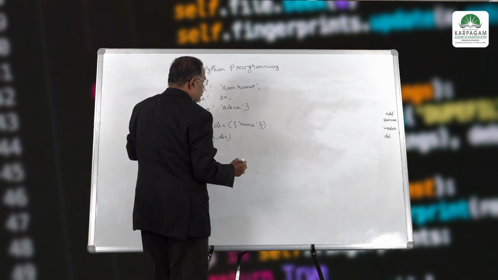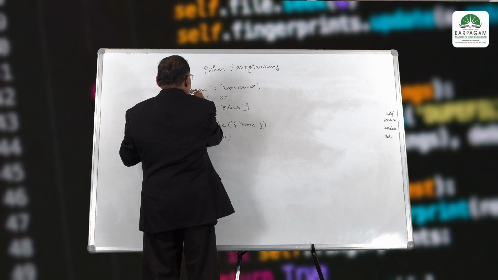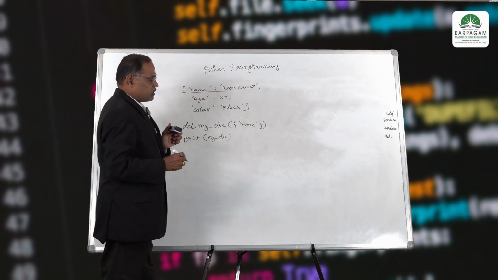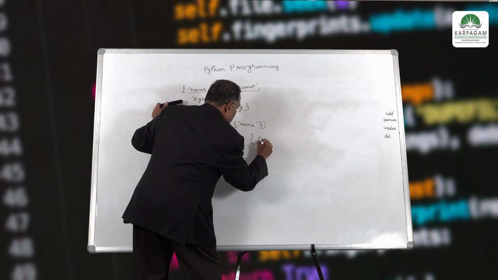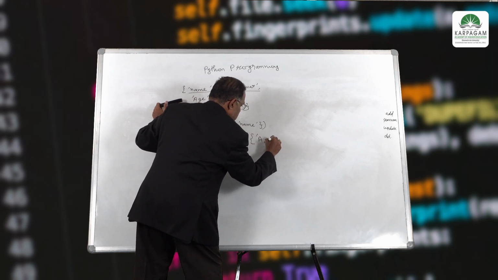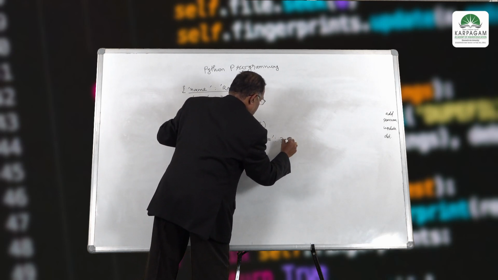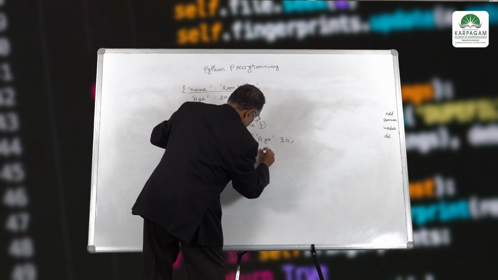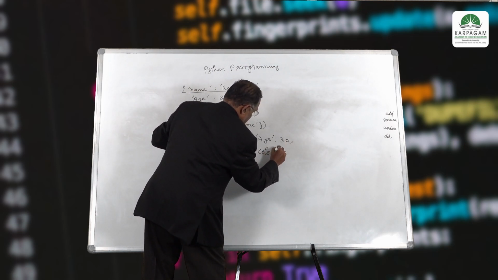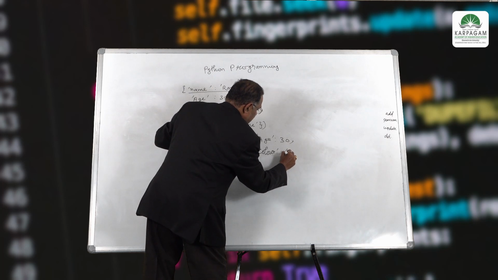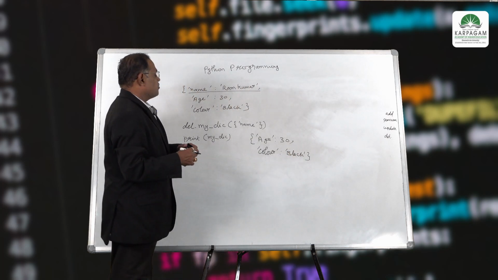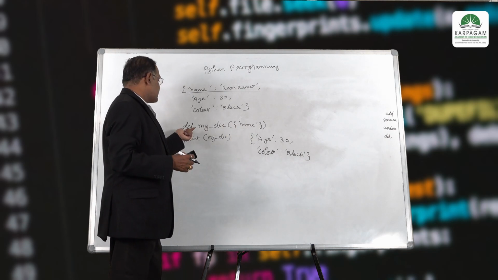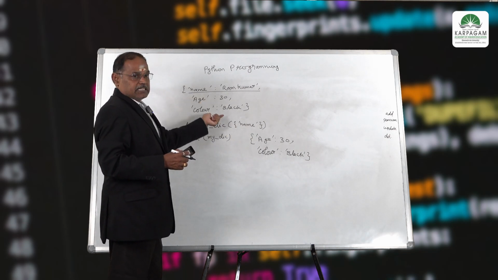Now I will get the output with the name removed. Here I have given the name, so the name will be removed and I will get only the output age 30, comma, color black. So the name has been deleted from the dictionary.